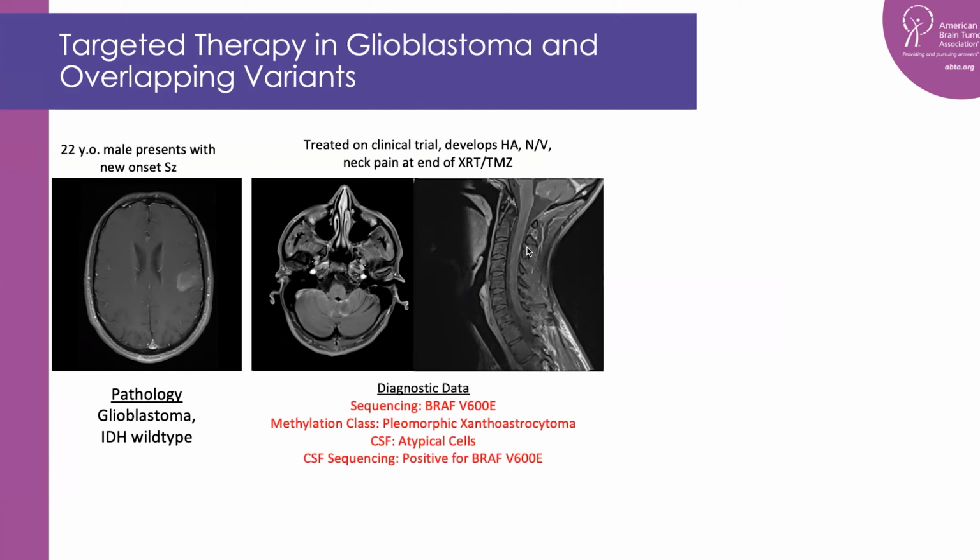So when we did the sequencing of the tumor, we found it has this BRAF V600E mutation. We actually did a methylation profiling, which came back saying the tumor should be better called pleomorphic xanthoastrocytoma than glioblastoma. And this kind of highlights that there are some overlapping variants where, depending on which part of the diagnostic information you look at, you could call it glioblastoma or pleomorphic xanthoastrocytoma, and there are several tumors like this in the glioblastoma family of tumors.